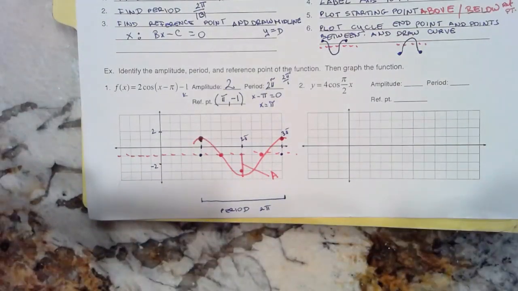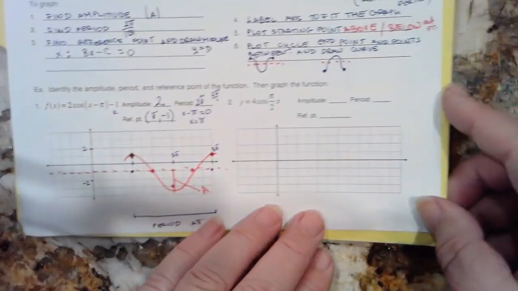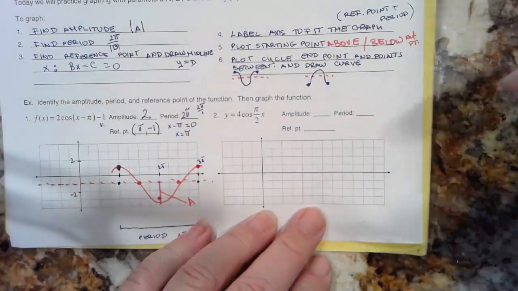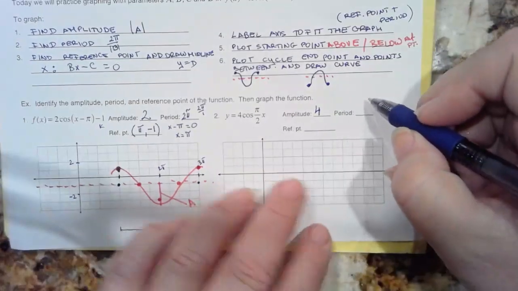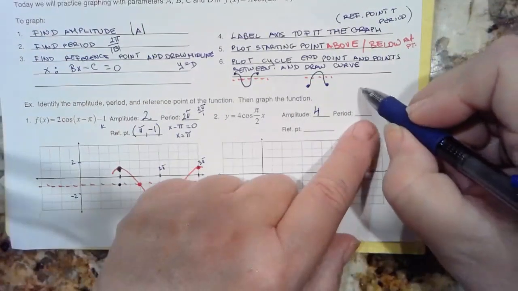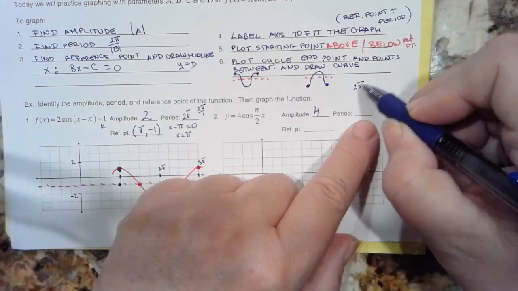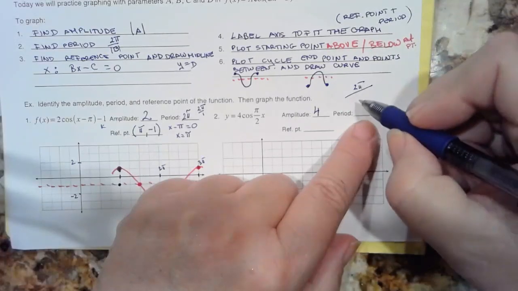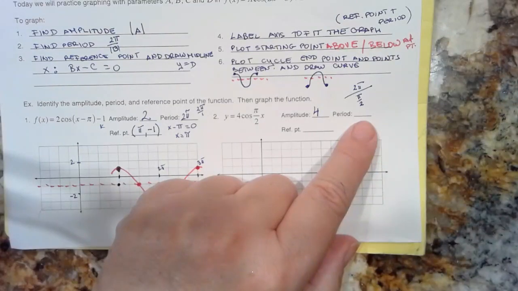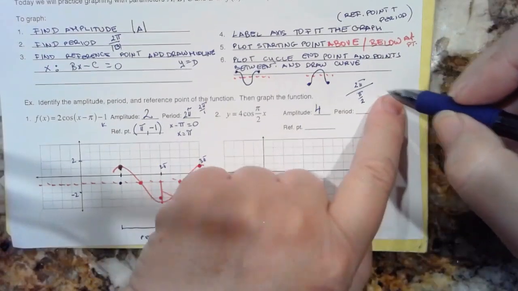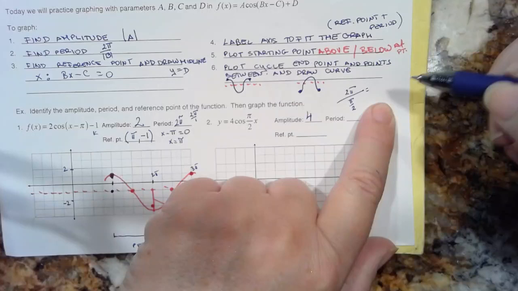So let's look at the next one. In the next one, your amplitude is 4. My period is 2 pi divided by pi over 2. The easiest way I can explain this is copy, dot, flip.